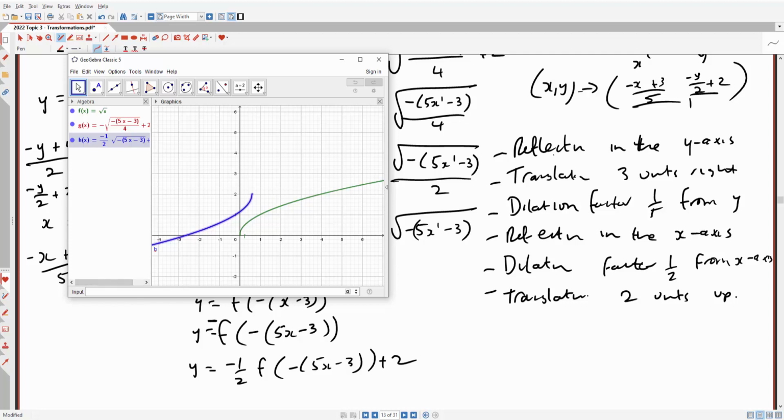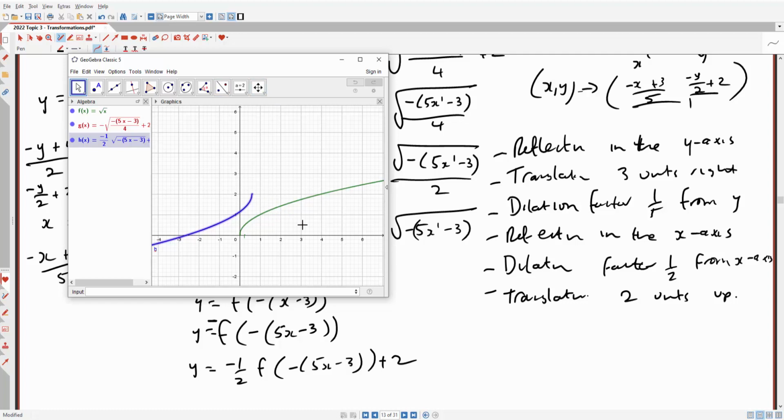Okay, so these transformations work because when I do these transformations to f(x), I make this blue function h(x), which is exactly the same as this red function g(x).